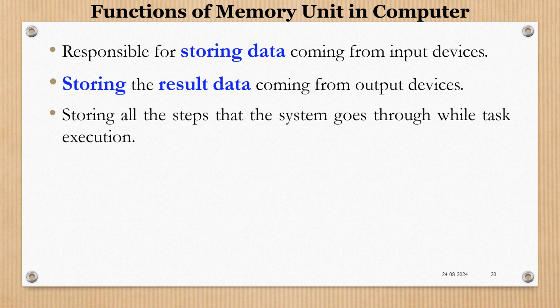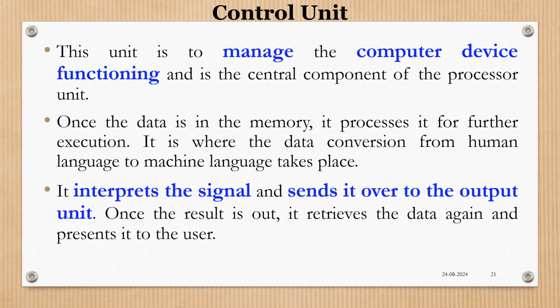So the main functions of the memory unit are, first, storing the data and storing the results, and it works for the execution of programs, because the programs are stored in the memory, so it helps with program execution.